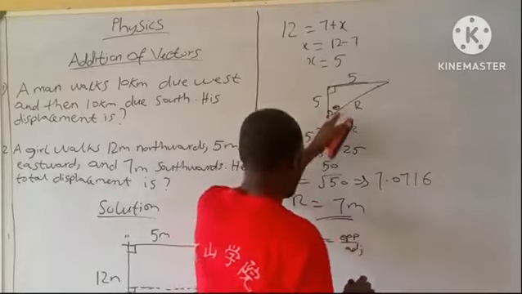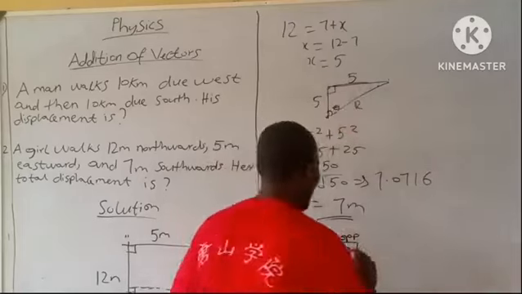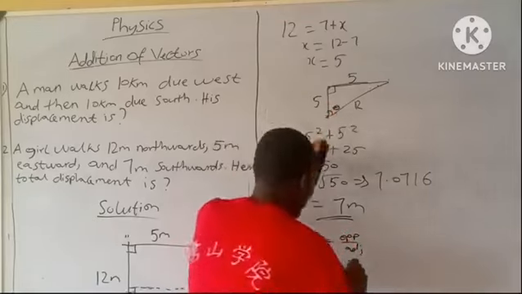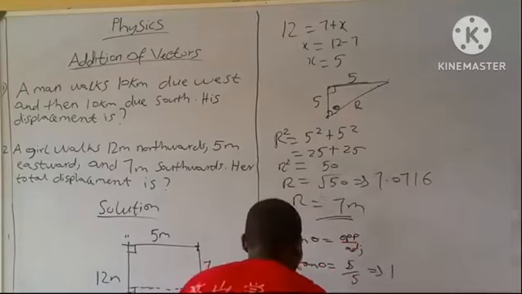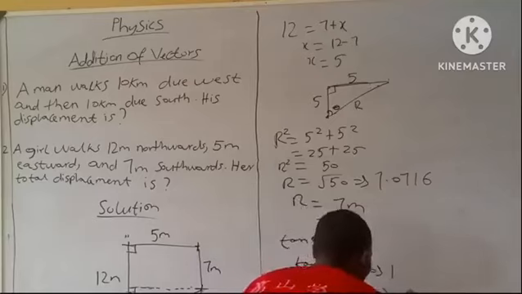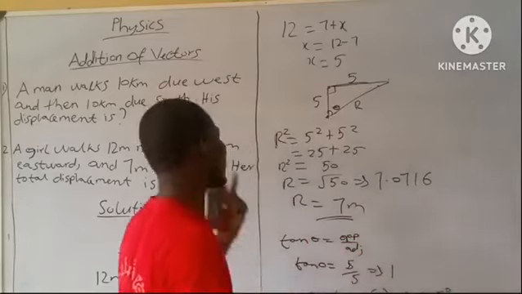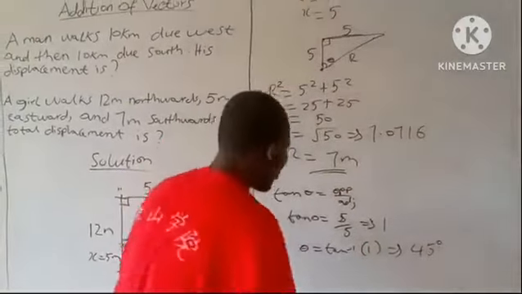So looking at this, our opposite is what? 5. And also our adjacent is what? 5. Which is equivalent to 1. So theta is equal to tan inverse of 1. And tan inverse of 1 is equivalent to 45 degrees.